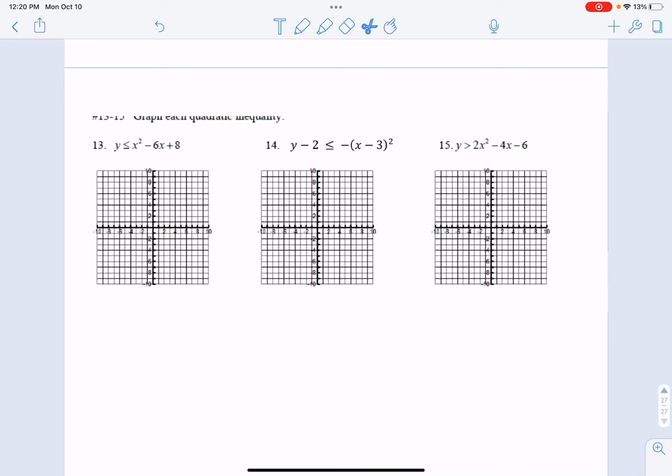Okay, we will study about quadratic function inequality. Quadratic function inequality has two different cases. One with the y is greater than or less than or equal to x squared minus 6x plus 8, with a y on one side and a quadratic expression on the other side.